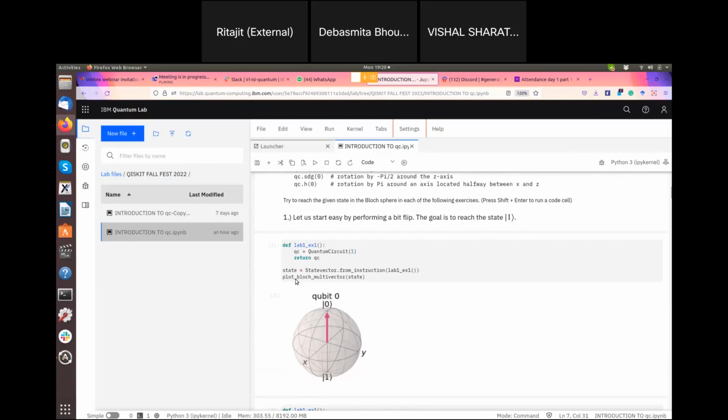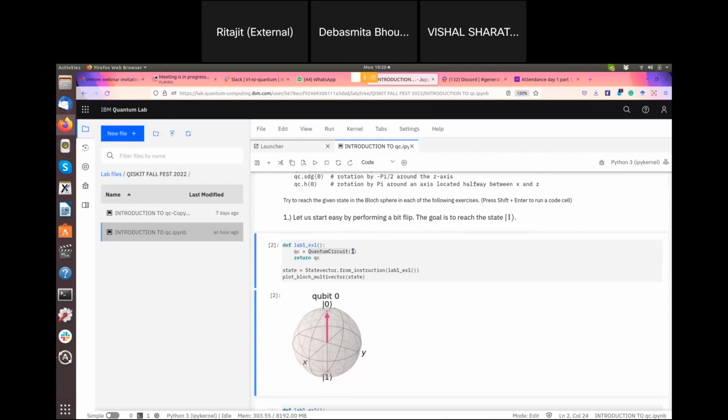So how do we write this in Qiskit? We have defined a function. You can give any function name here. In this function we initialize a quantum circuit. This is a function already written in the Qiskit library. QuantumCircuit(1) means 1 qubit.